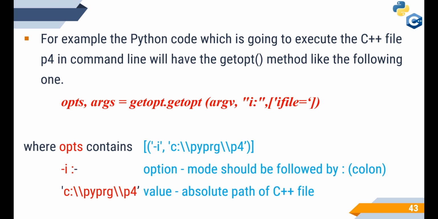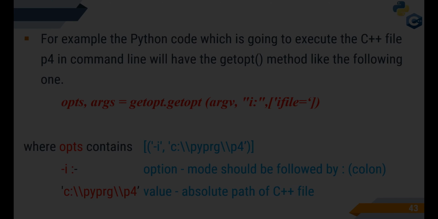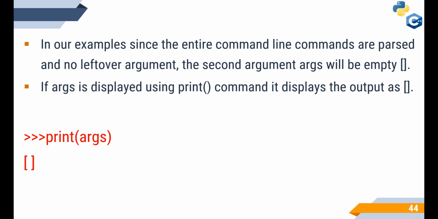Here the value is the absolute path of the C++ file. Okay. Now in our example, since the entire command line is parsed and there is no leftover argument, the second value, args, will be empty. If args is displayed using the print command, it displays the output as open and close square brackets, and then print args.